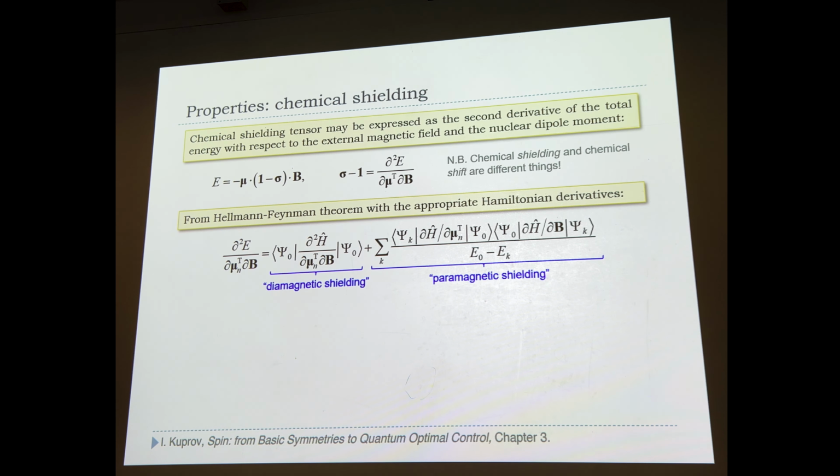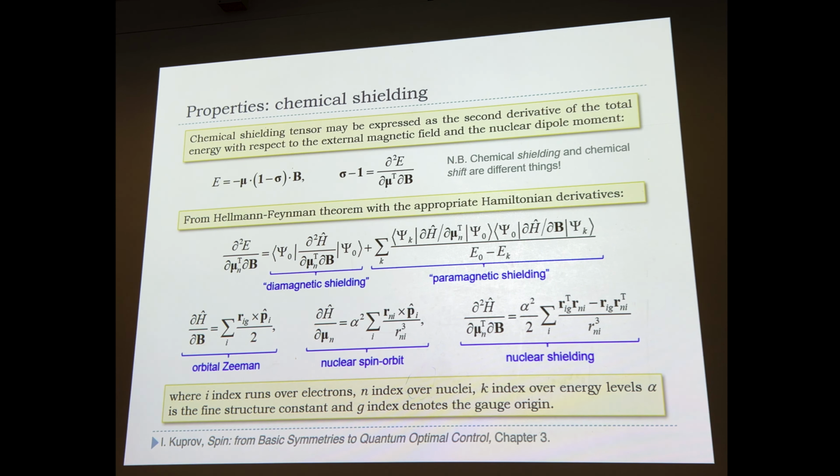We write down the giant Hamiltonian that I have discussed. We take those derivatives and here they are.